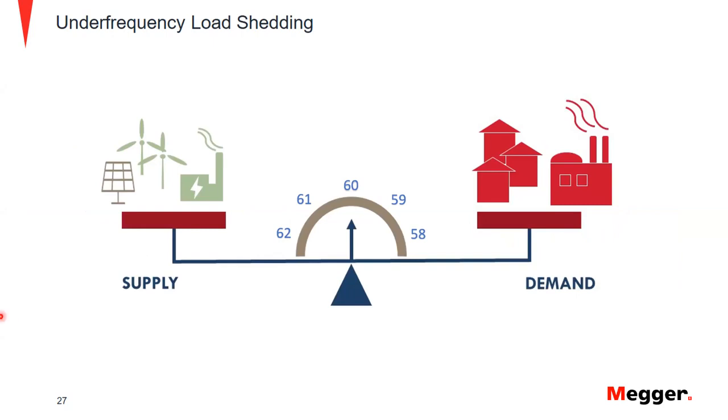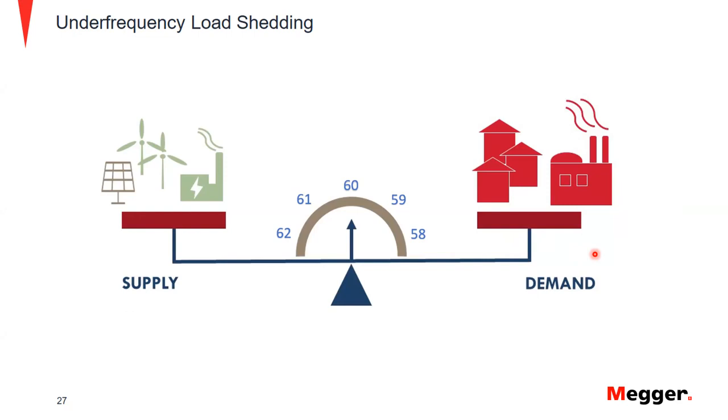Okay, so if you look at the diagram here, we have a supply side, right? So we have the supply. This is generators, it could be wind farms, it could be any type of solar farm, whatever. Anything that's generating electrical power to the grid is part of the supply. Then over here we have demand, which is us.